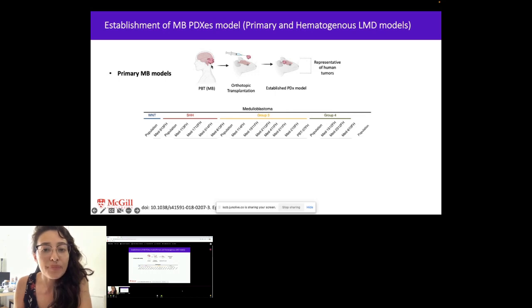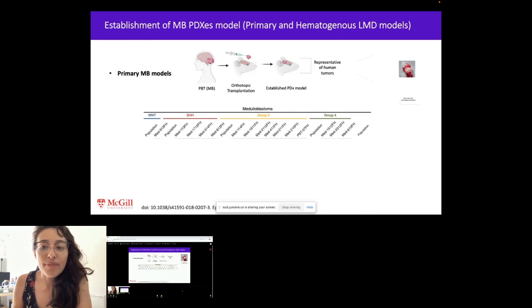Then we passage this and perform molecular analysis of these tumors coming from the mouse. So far all these patient-derived xenografts have been established, and we have different patient-derived xenografts for the different molecular subtypes of medulloblastoma, as I mentioned before.